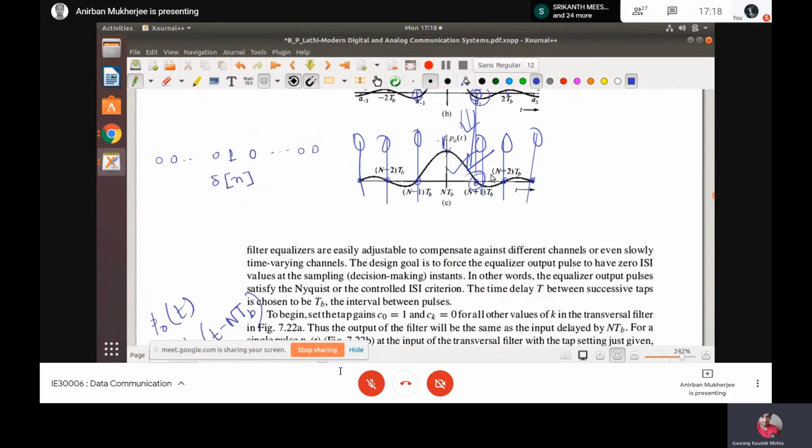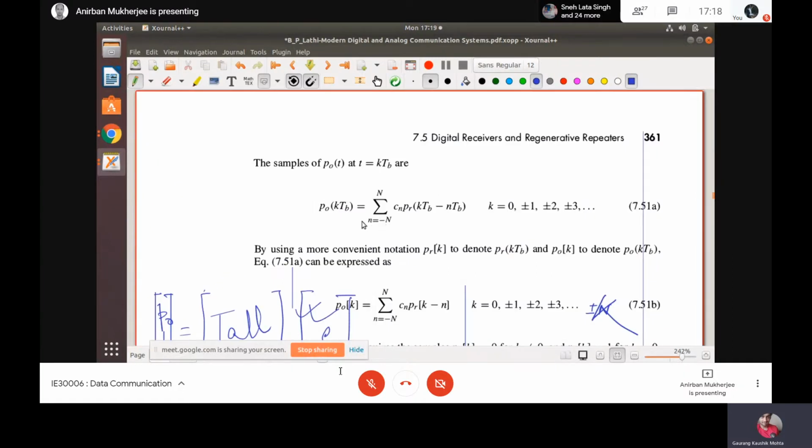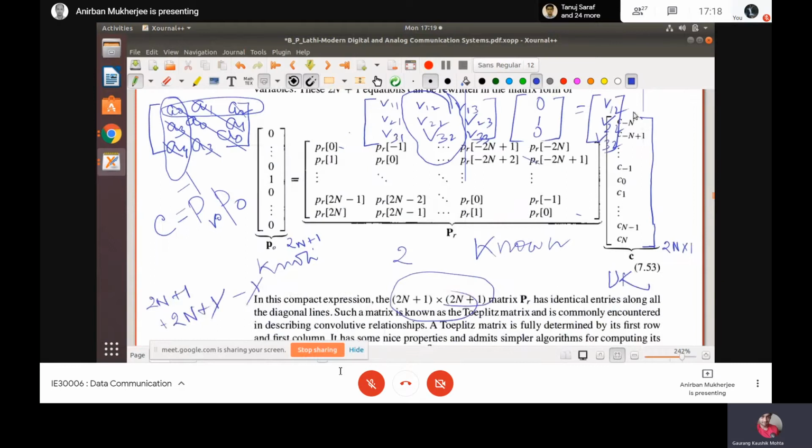So this length will be 4n plus 1, and this matrix will be 4n plus 1 cross 2n plus 1, because on this side I am keeping 2n plus 1.